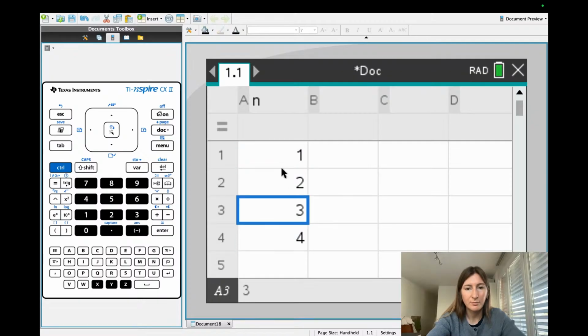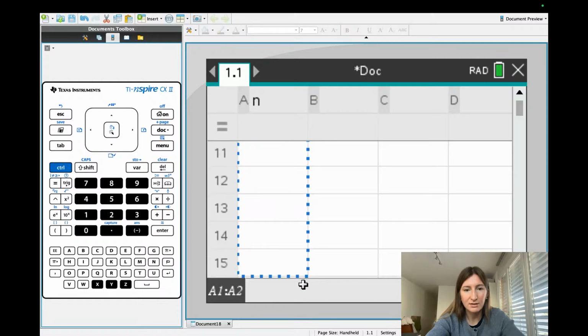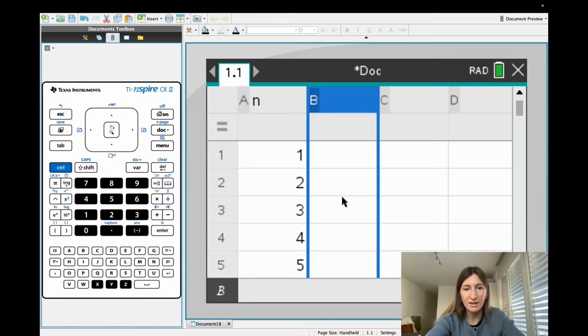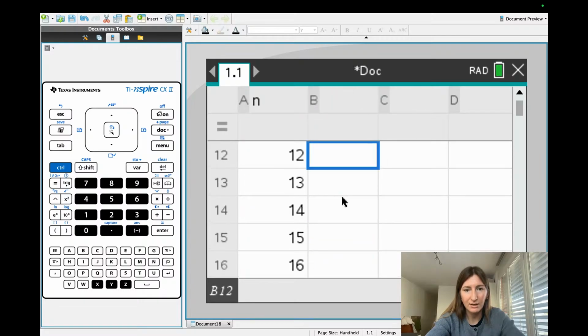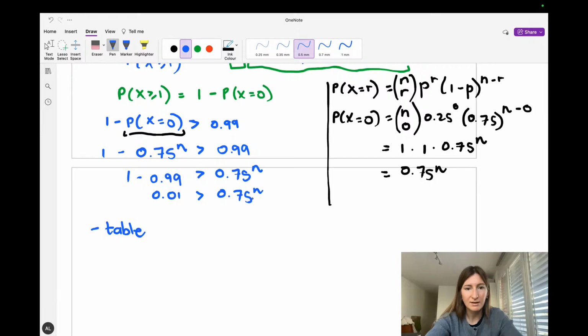If we want to keep those going, I'm just getting confused, too many things going on on my computer. 1 and 2, and I'm going to drag that down for many values, and it's going to put in for me a whole bunch of values of n. You can go really far with that just to make sure you get everything. Okay, so I've got all of that. Instead of going 1, 2, 3, 4, very useful. This is going to be my y, my output. All right, and what I'm going to say is that I want my function to be 0.75 to the power of n.